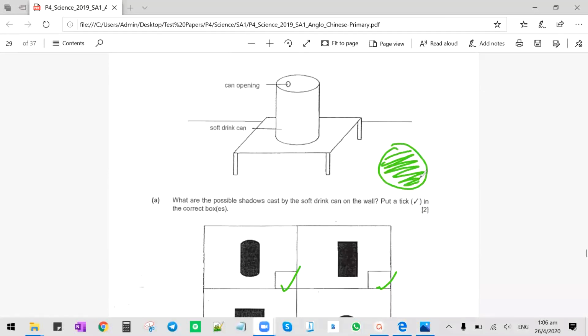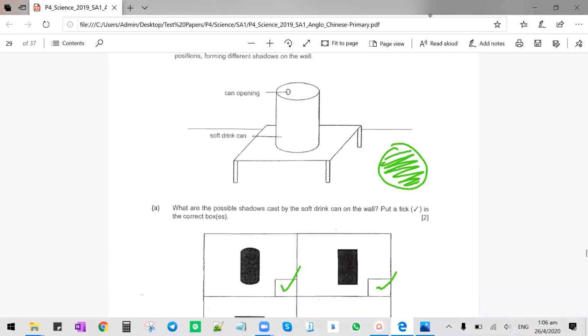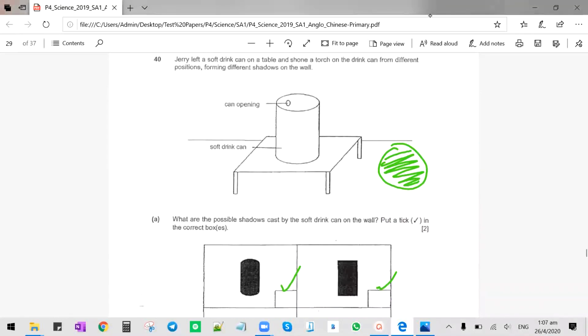Alright. Definitely not gonna be the last one also because that is what, oval. This one is a soft drink can. I'm sure you have drank soft drinks before, right? They are circle ones. Okay, it cannot be oval. It's not oval. This is not oval.